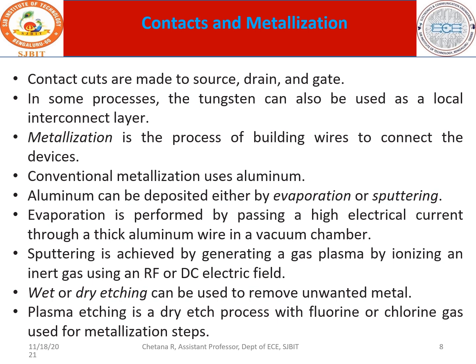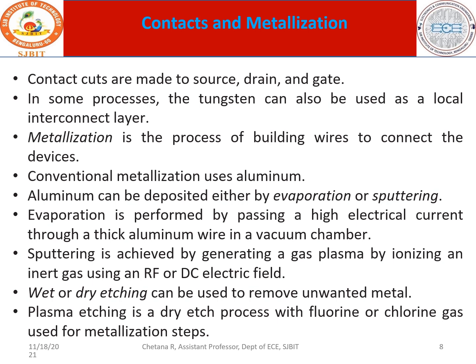Evaporation is performed by passing a high electric current through a thick aluminium wire in a vacuum chamber. So heating an aluminium wire at a very high temperature in a vacuum chamber, in a closed container which has vacuum, no air, is what we call evaporation.